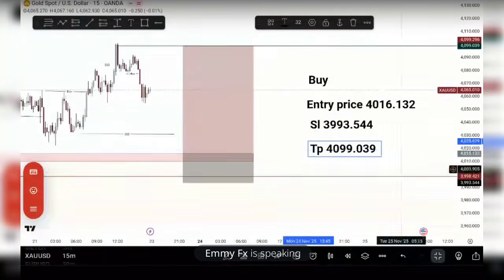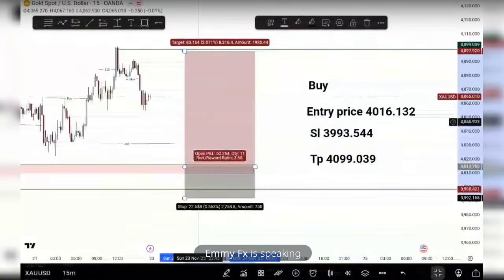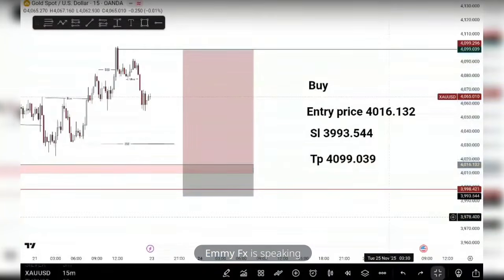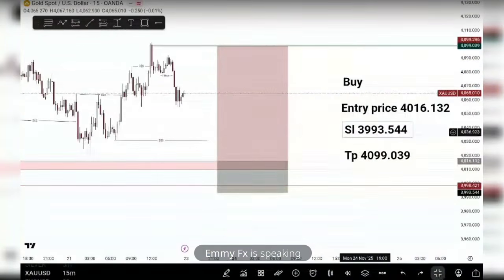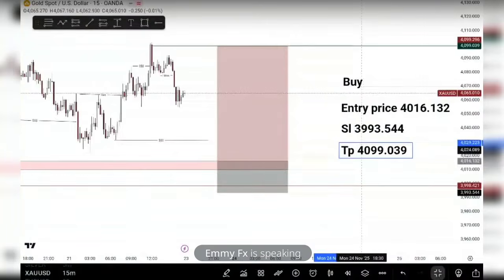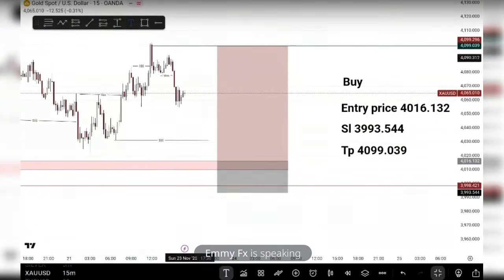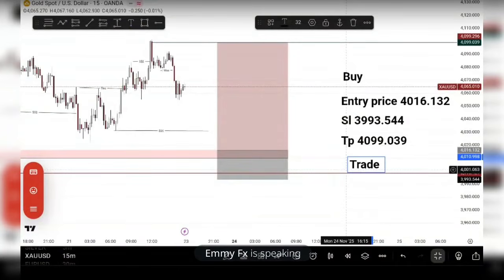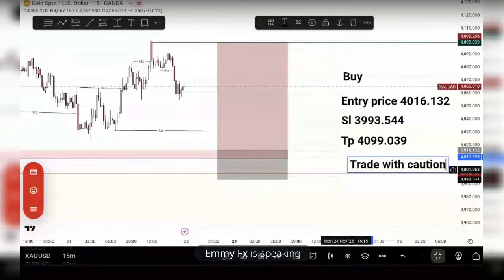So our TP is 83 pips away, giving us a ratio of 3.6. So here is the stop loss, but don't forget to always trade with caution. Always trade with caution.